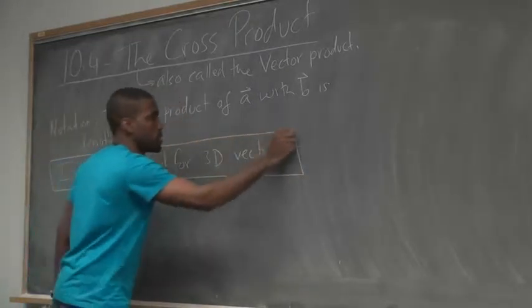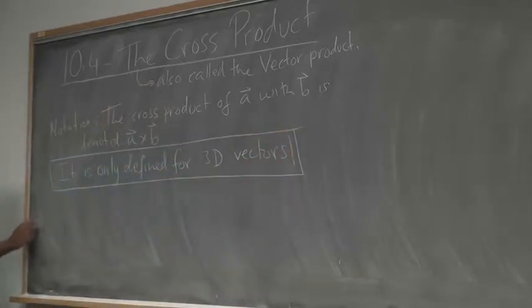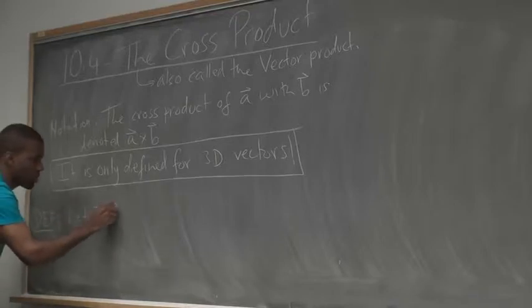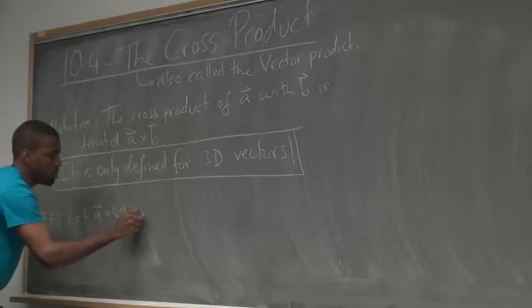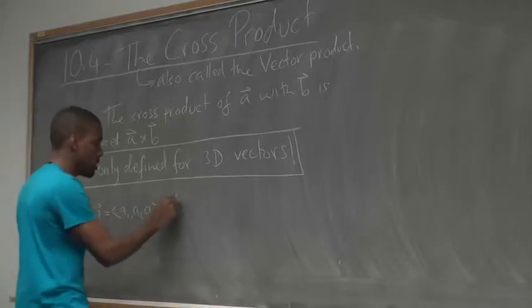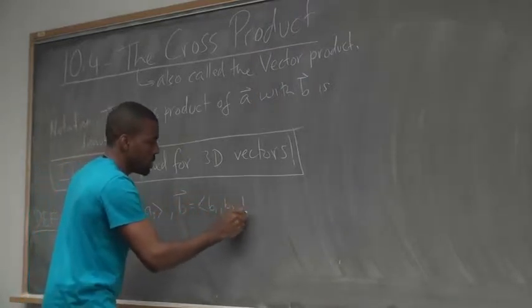Something very important. Its definition is the following. Let A be A1, A2, A3. It has to be a three-dimensional vector, with three components. Let B be the vector B1, B2, B3.